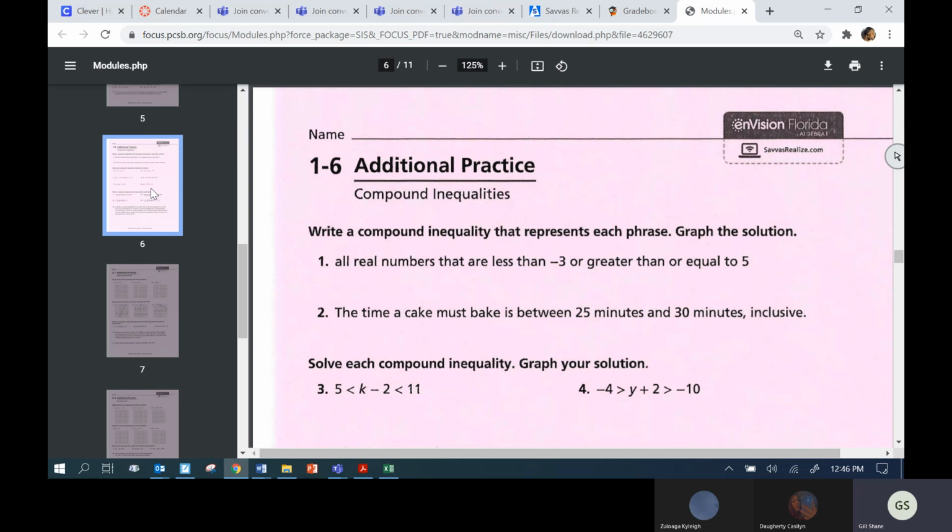If it's all real numbers that are less than -3 or greater than or equal to 5, we would say, okay, well, x would have to be less than -3, or x would have to be greater than or equal to 5. So that's the way you would write that. Literally, you're just putting what they say in words and using the symbols. X would stand for all the real numbers that are less than those. So.